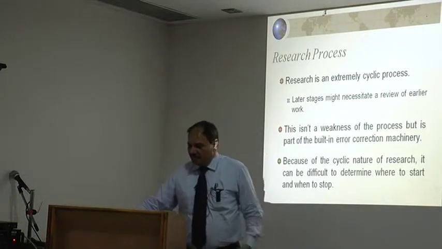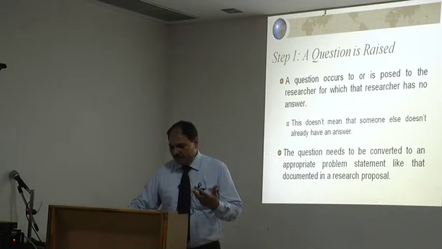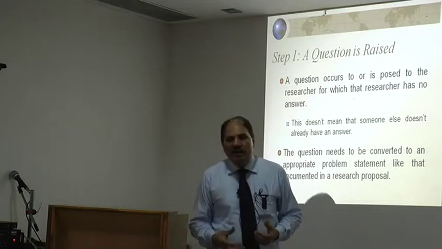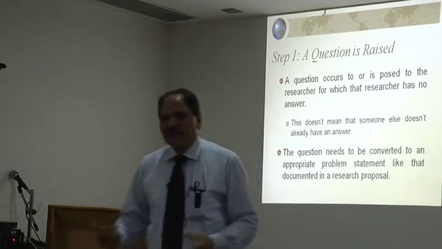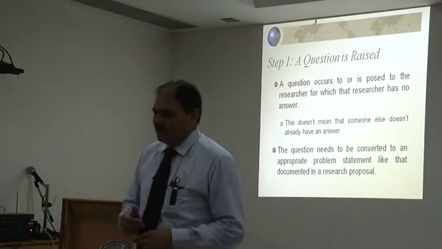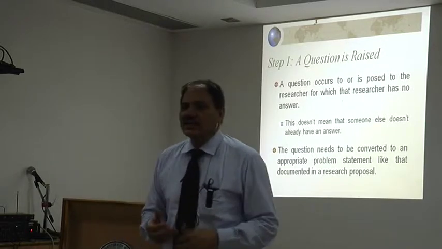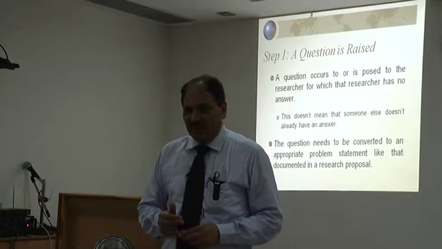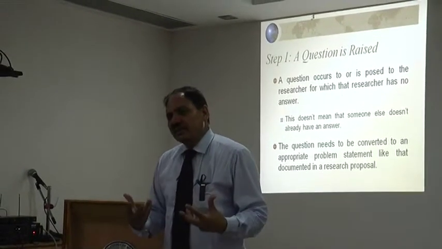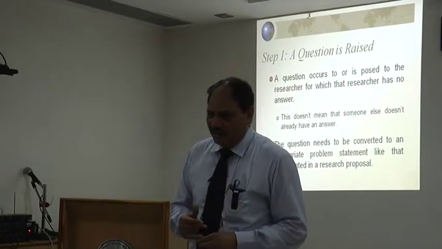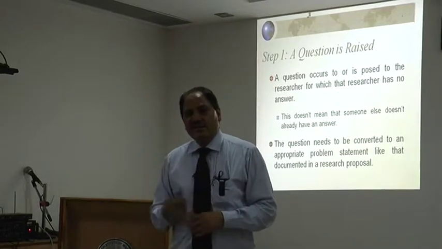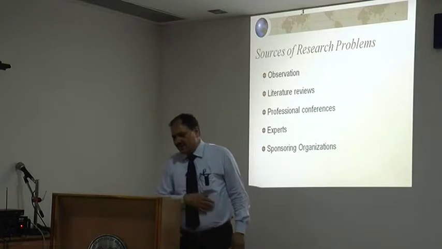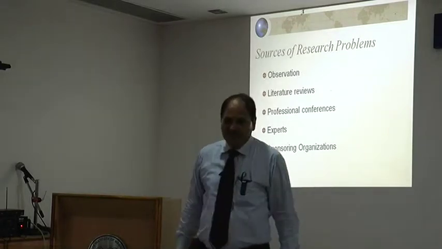Now, initially when you start, you need to identify an area that you would like to carry out research on, and that is the research problem or research question that you would like to answer through your research work. So that is where you start. There are a number of sources from where you get this research question.